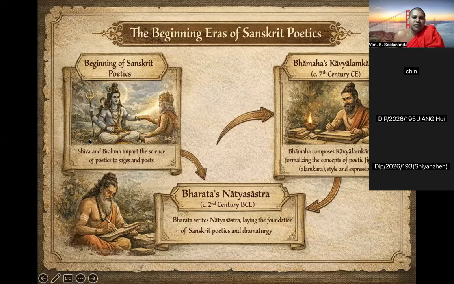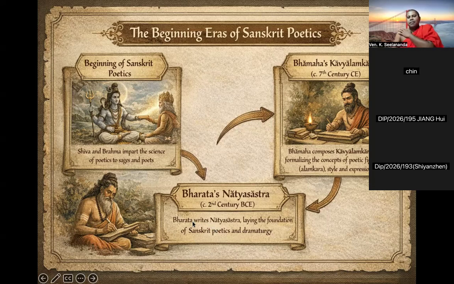If we consider the divine as the beginning of the Sanskrit poetics, another period begins from Bharata's Natya Shastra, the 2nd century BCE. Bharata wrote Natya Shastra, laying the foundation of Sanskrit poetics and dramaturgy.